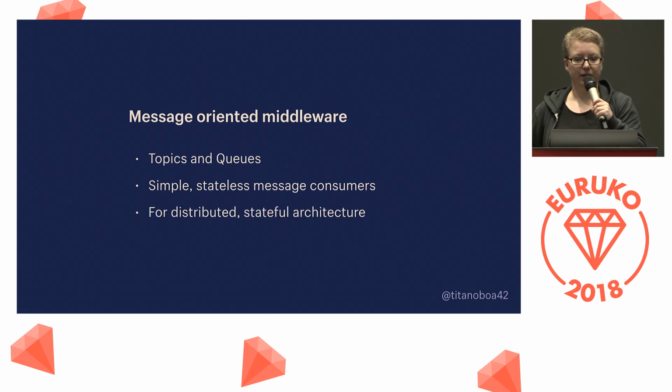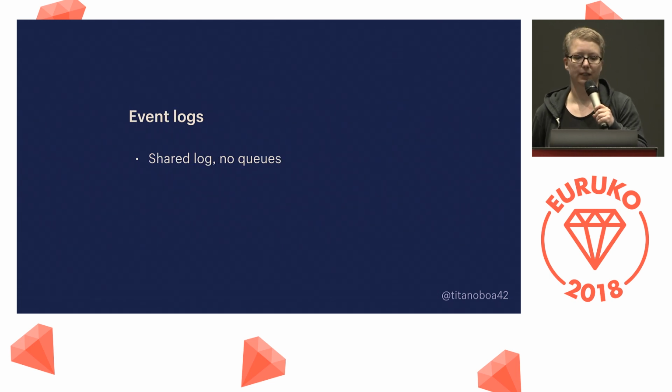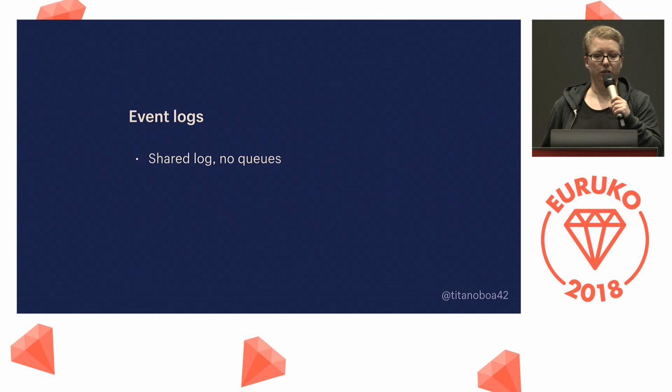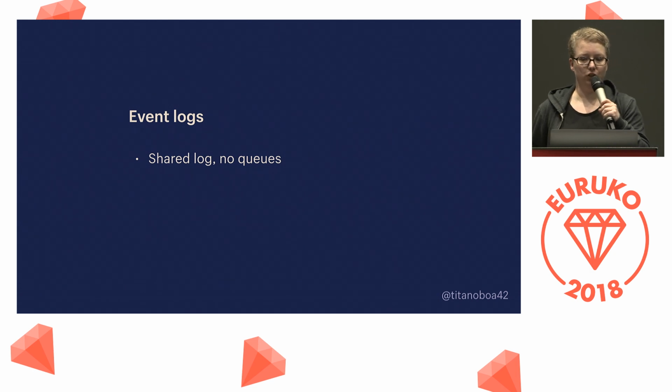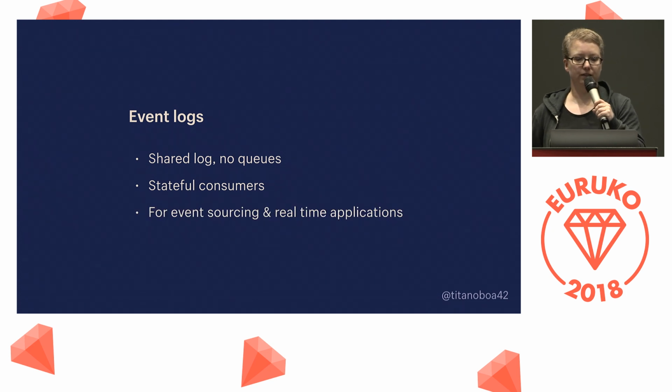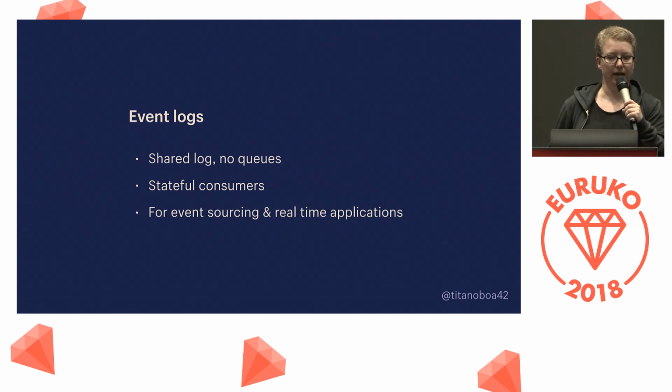And they're a great fit for a distributed architecture if it's a mostly stateful one. Event logs do not use queues. They have a shared log, shared by all consumers. But the consumers are stateful. They need to know where to continue reading that log. And event logs are a great fit for event sourcing and real-time applications.